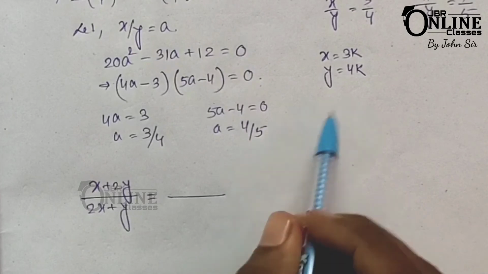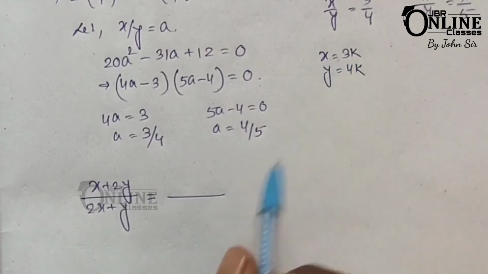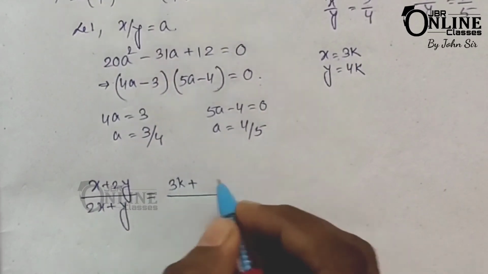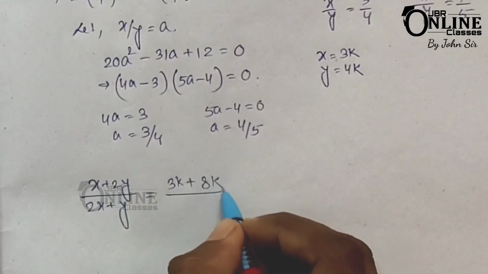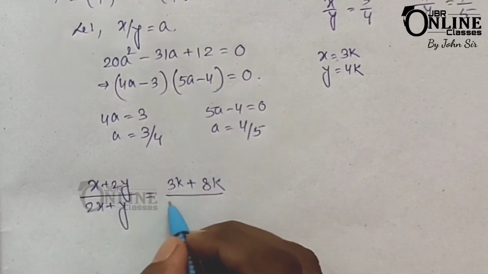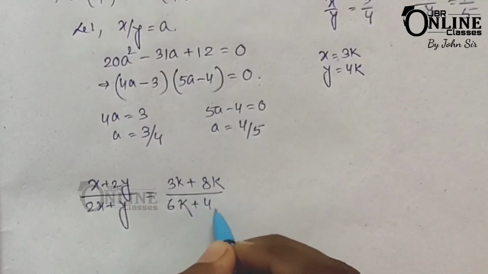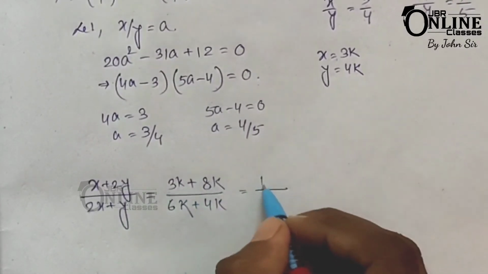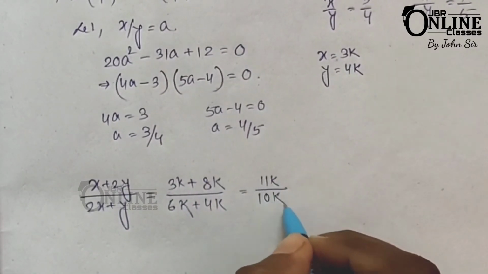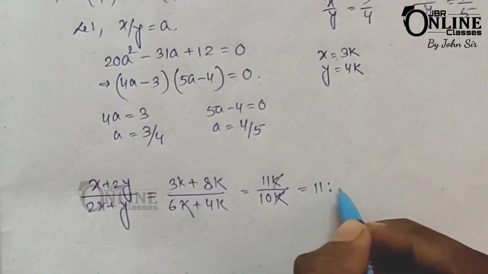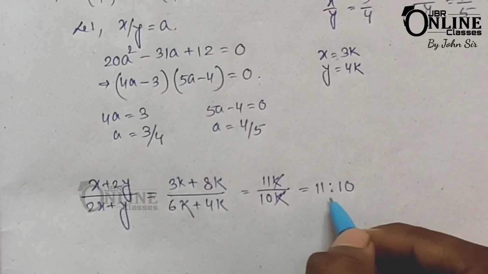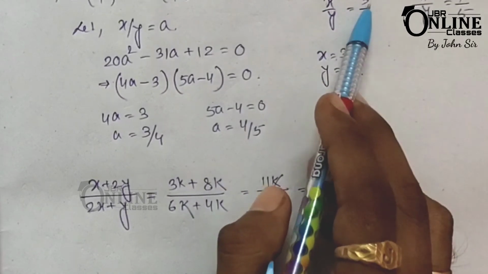Now as x equals 3k, 3k plus 2 into 4k, that means 8k, so 11k. And 2 into x, that means 6k plus 4k, so 10k. So k cancels out, so the final answer is 11 is to 10 if x by y equals 3 by 4.